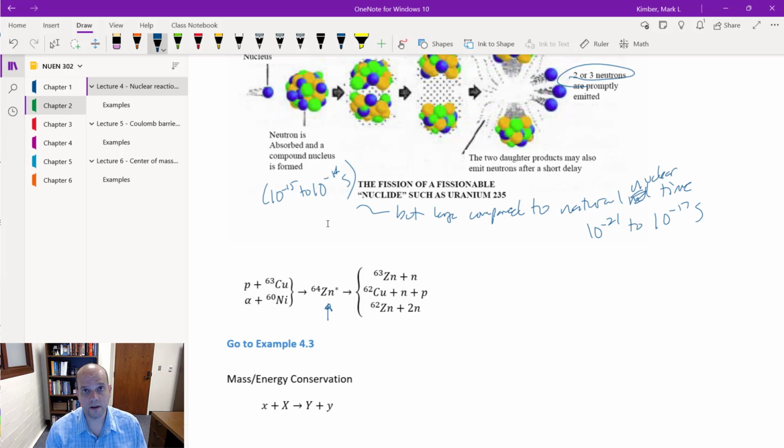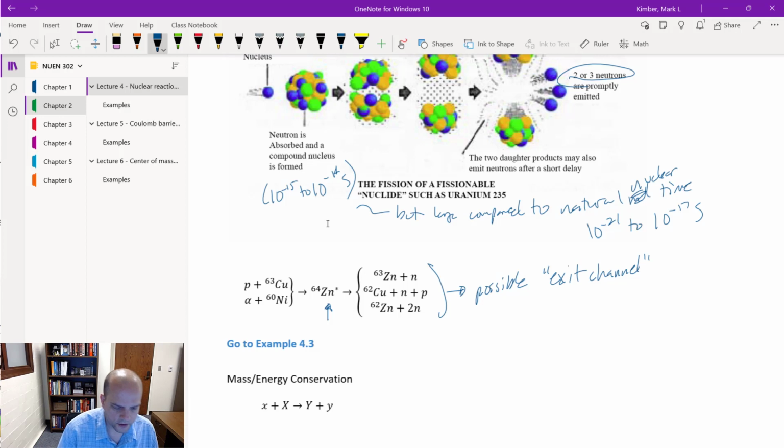And the star there is what we use to denote that this is an excited state. This is away from the ground energy level. And so what we see on the right-hand side of this expression, we see 3 different options here, and these are basically the possible exit channels. That's the term that is used.